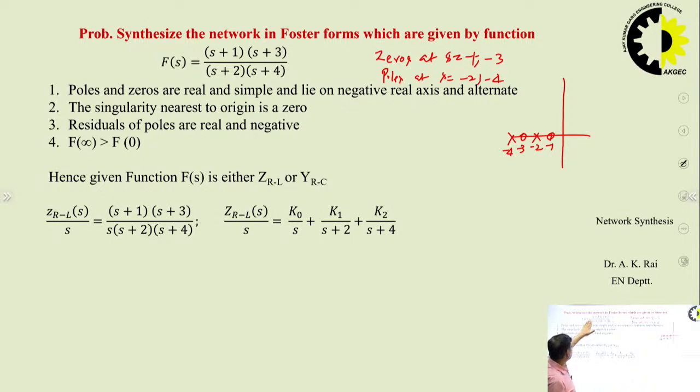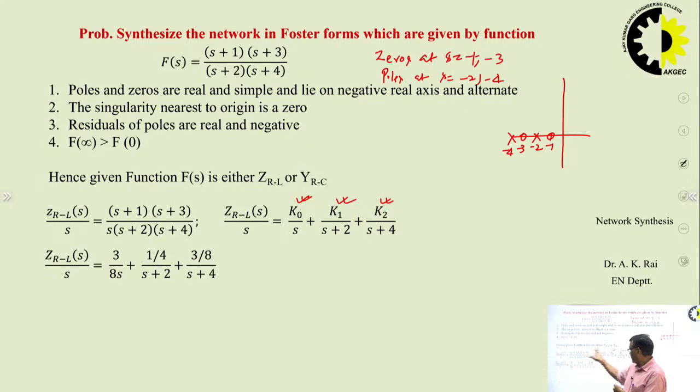If we carry out the partial fraction expansion from this one, we will get the pole residuals real and negative. So, we just divide by s on both sides, and now we can carry out the partial fraction expansion. So, we can get this, and this, and this. Clear? So, Foster first contains the partial fraction expansion.